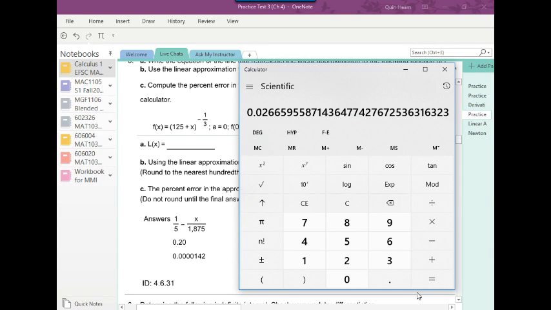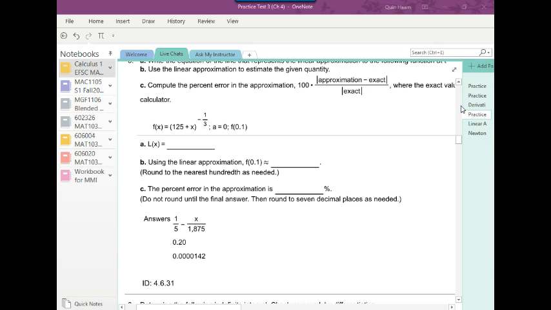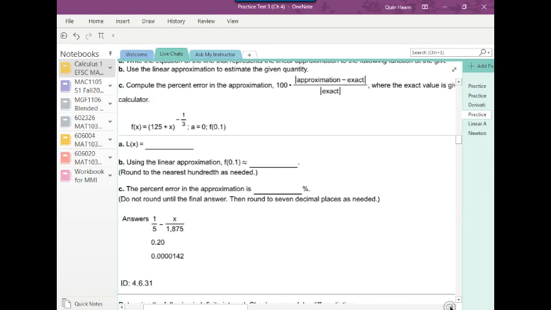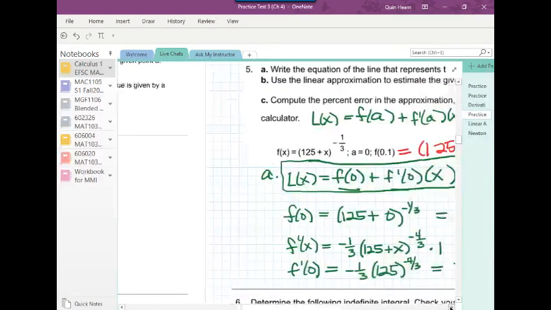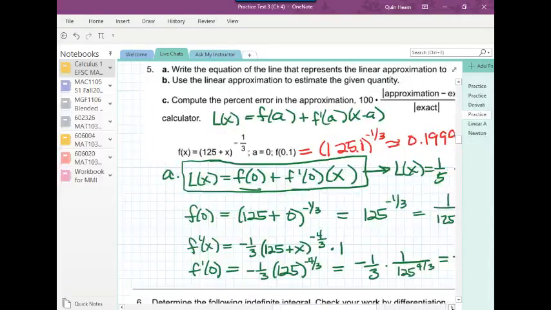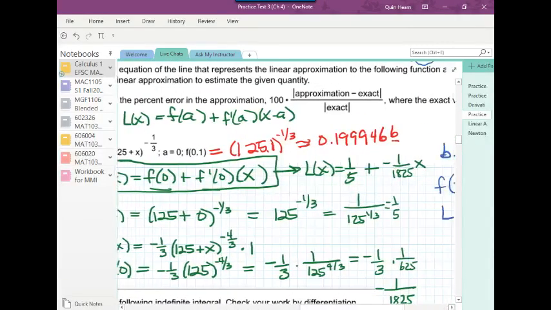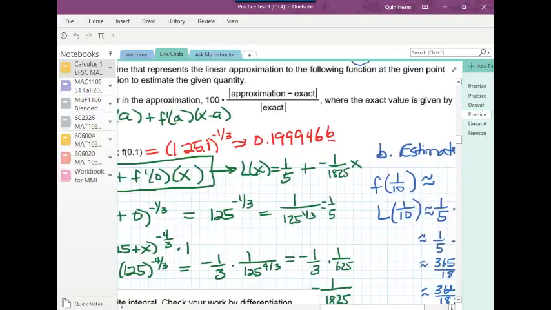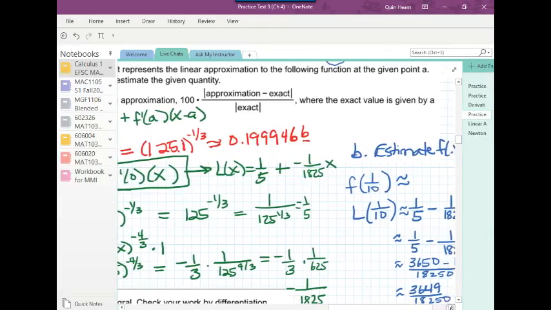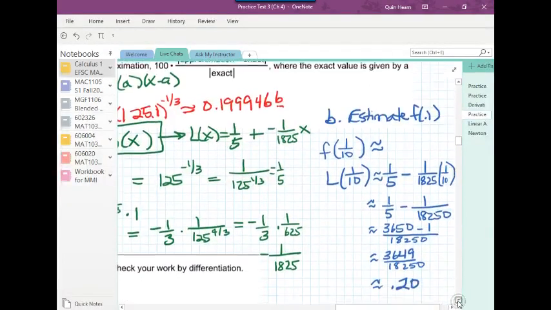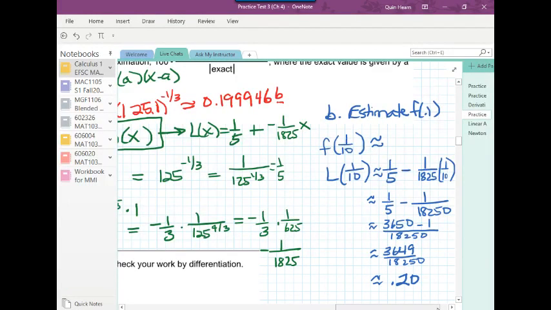Okay, so I'm going to save that to the memory of my calculator, and I'm going to take my approximation 0.20 minus, and I'm going to recall that number, equals, and then I'm going to divide by, and I'm going to recall that number again, equals. And we get, this is scientific notation here, so we have to move the decimal place 4 places to the left. And we should get what they had.